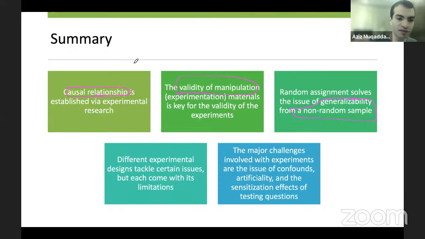So even if you have a non-random sample, you could still generalize from the experiment because you have random assignment. You remember what random assignment means? What is random assignment? Anyone?